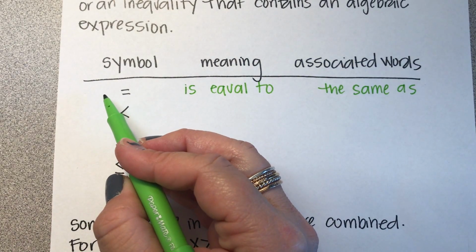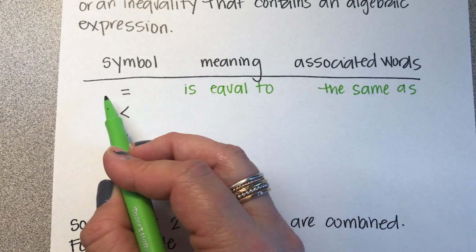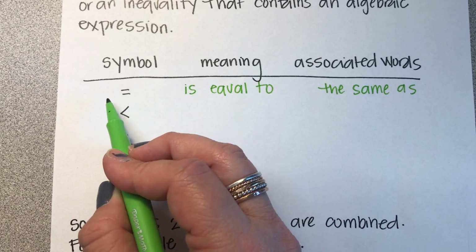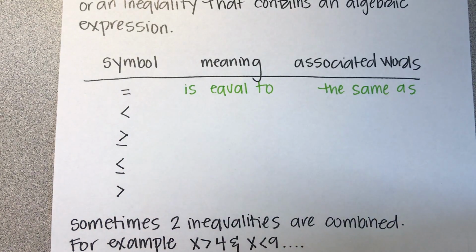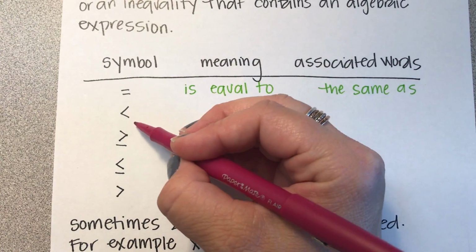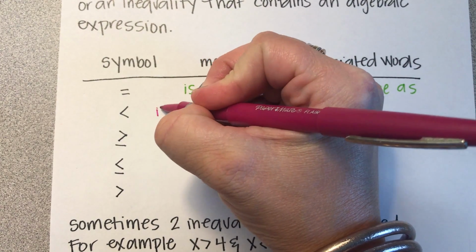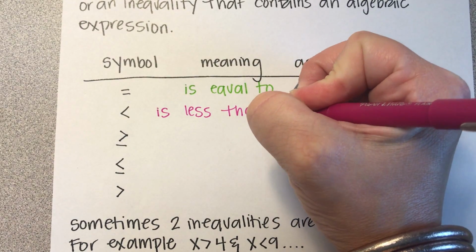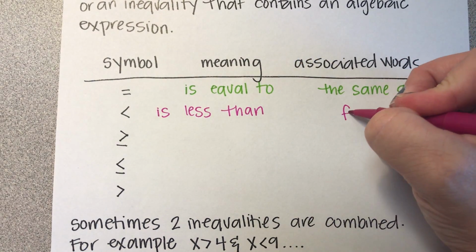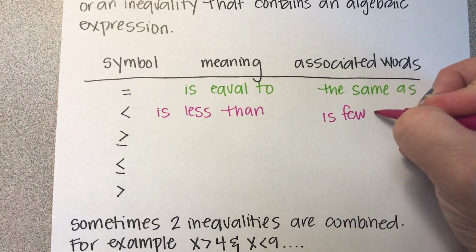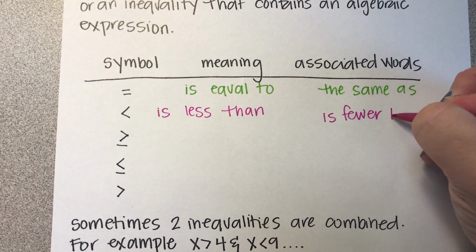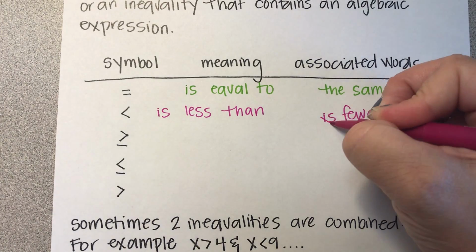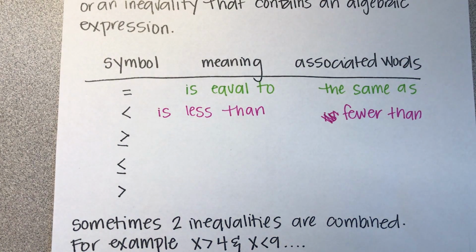So if this said 5 equals 5, 5 is equal to 5, or 5 is the same as 5. I think we're all pretty familiar with what an equal sign means. The next one means is less than, and associated words would be is fewer than, or even just fewer than.